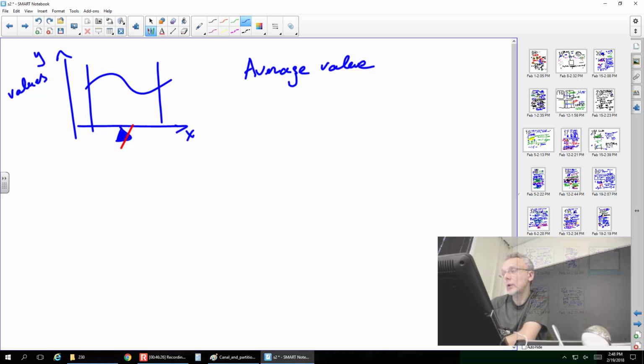So average value, we know if we have x1, through xn numbers, what's the meaning of an average of n numbers? How do you average things? The sum of the x's over n. Over n, right.